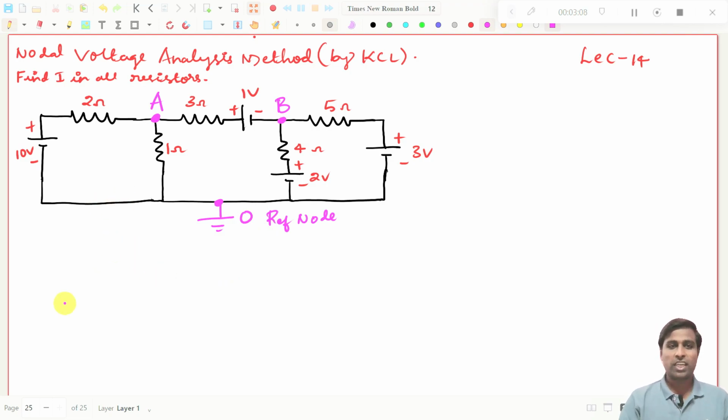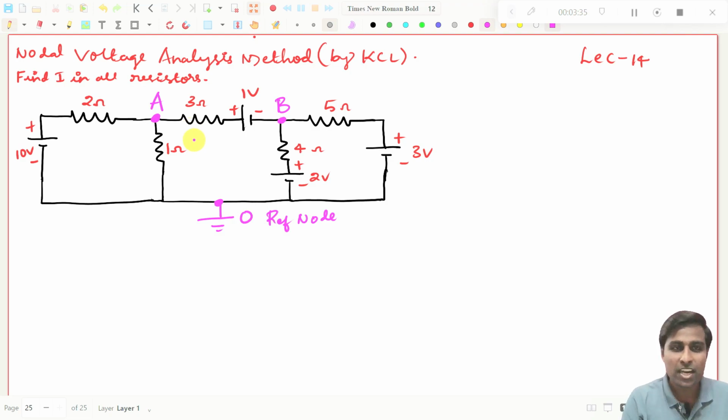Now we are going to apply KCL at node A and node B. Before applying KCL, you see this node has 3 branches, so you assume 3 currents. The direction of current is up to you; you can assume it in any way.